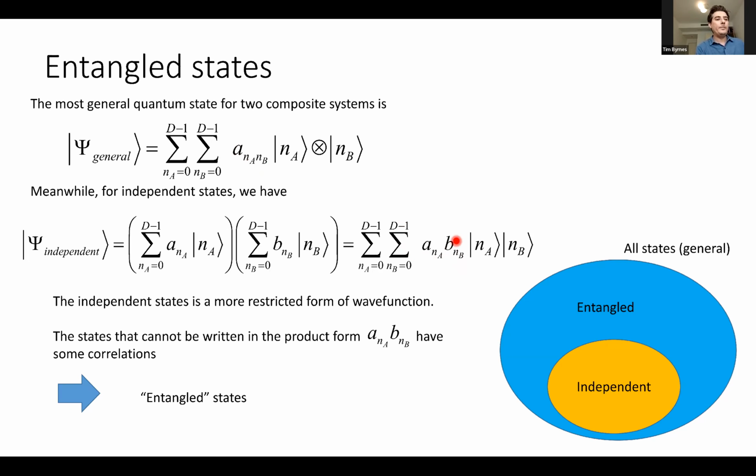There are some general states that you cannot write in this form, and those states that you cannot write in this independent state form are what we call entangled states. So it seems like it's just the opposite of independent states, which it actually really is.